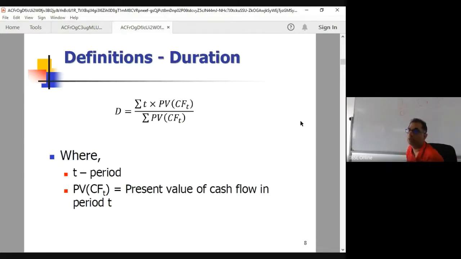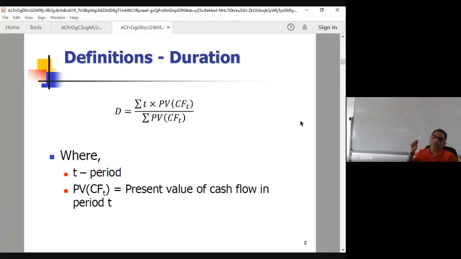So if you look at the formula in slide number 8, what does it say? What we just discussed, right? You take all the cash flows, this T, and then you look at the present value of each of those cash flows for that period. Then you take the sum and divide that by the sum of the present value of the overall cash flows, right?